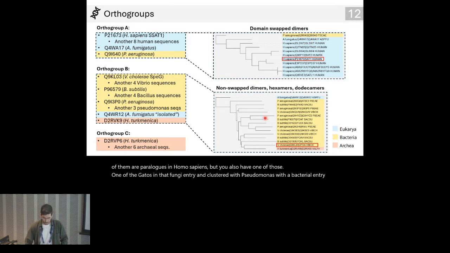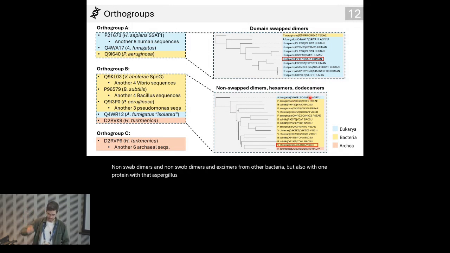While in the other group, we have the Vibrio cholerae one, the dodecamer, clustered with many different non-swap dimers and hexamers from other bacteria, but also with one protein from that Aspergillus fumigatus entry that was again lonely in between all those bacterial entries, and also with one of the archaeal sequences.